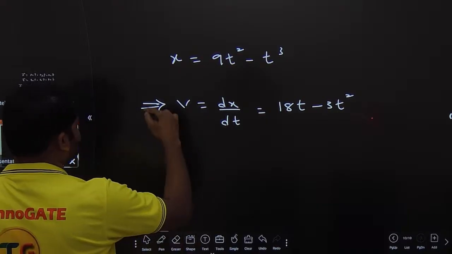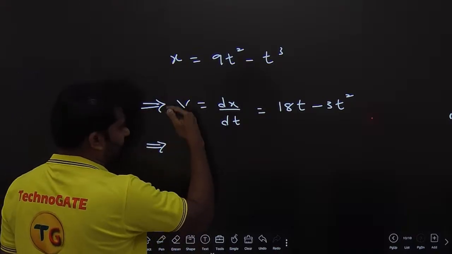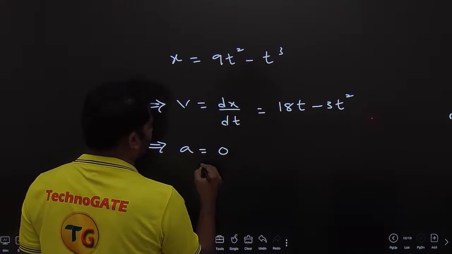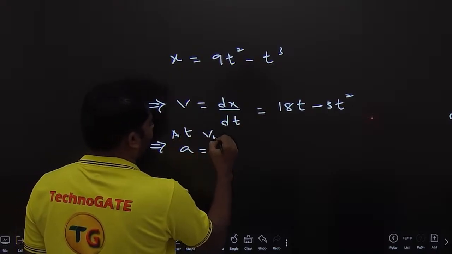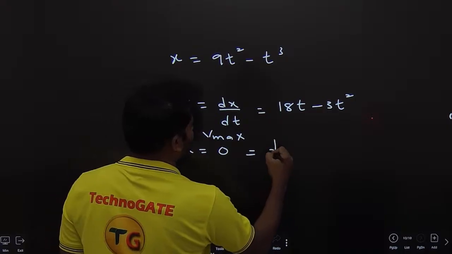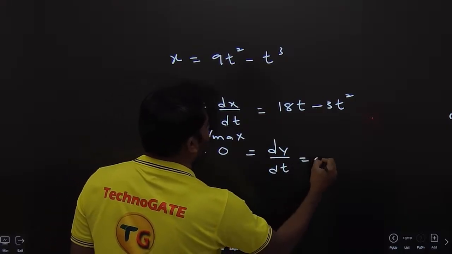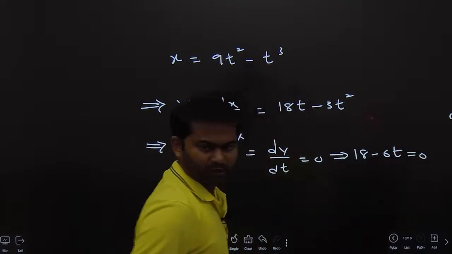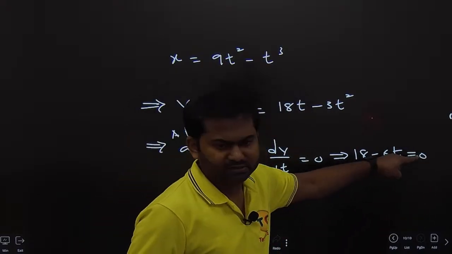So velocity is maximum. Velocity maximum means, according to mathematical calculus, acceleration is equal to 0. At v max acceleration should be 0, that is dv by dt is equal to 0, that is 18 minus 6t is equal to 0. I hope it is visible on the screen. 18 minus 6t is equal to 0.